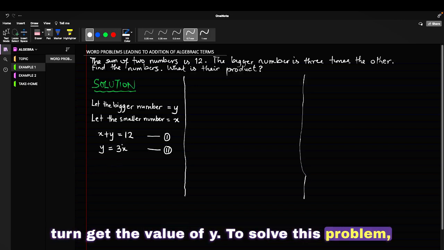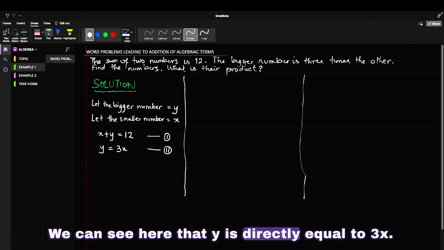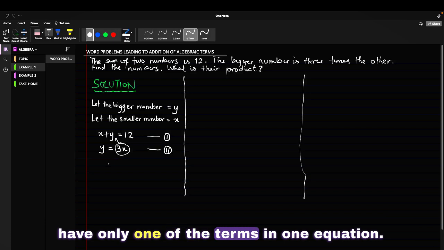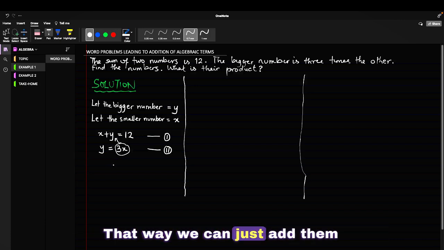To solve this problem, we can see here that y is directly equal to 3x. So this can be substituted into equation 1 so that we have only one of the terms in one equation. That way we can just add them up and then get to solve them.